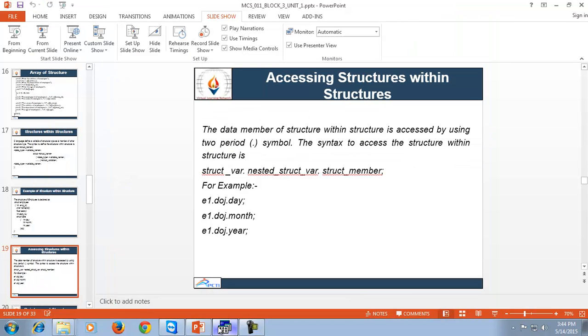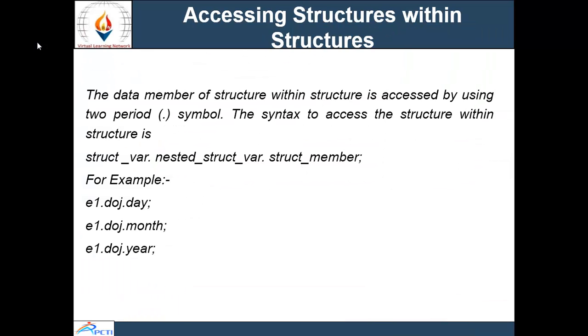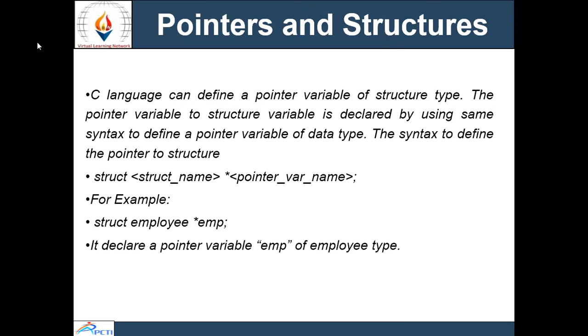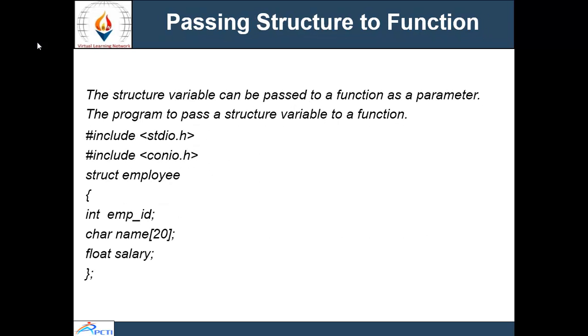Next is pointers and structures. Pointers we will discuss in the next session. So pointers with structure we will discuss after we learn about pointers. The next is passing structure to a function.